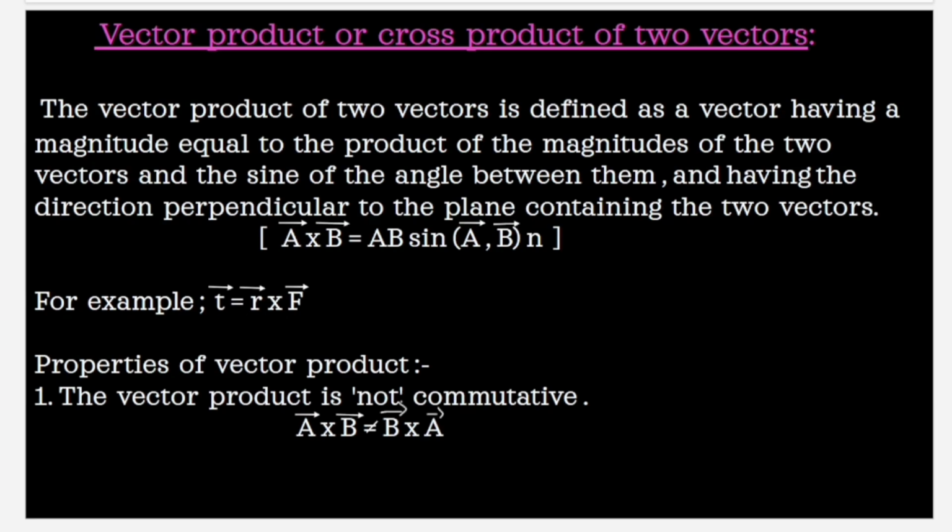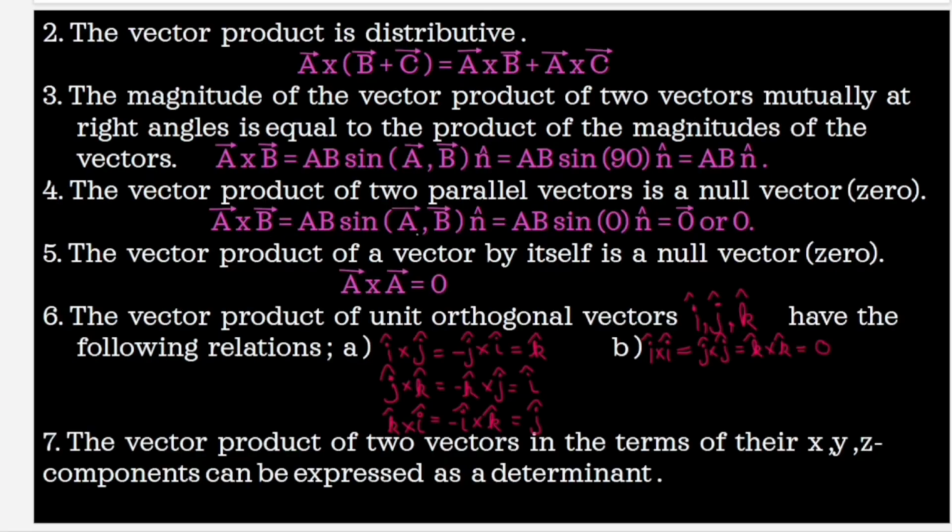Properties of vector product. First one, the vector product is not commutative, that is A vector cross B vector is not equal to B vector cross A vector. Second property, the vector product is distributive, that is A vector cross (B vector plus C vector) is equal to A vector cross B vector plus A vector cross C vector. Third property, the magnitude of the vector product of two vectors mutually at right angles is equal to the product of the magnitudes of the vectors.